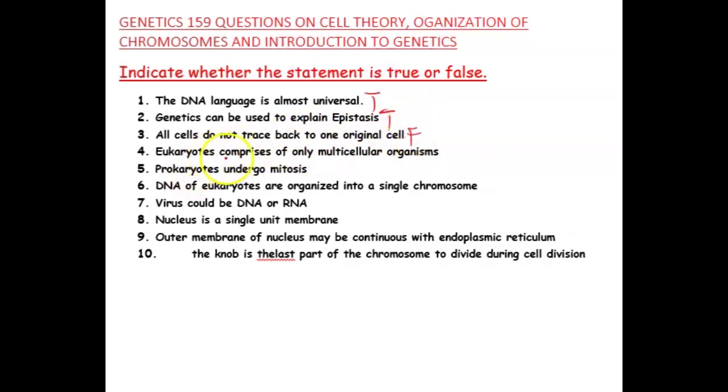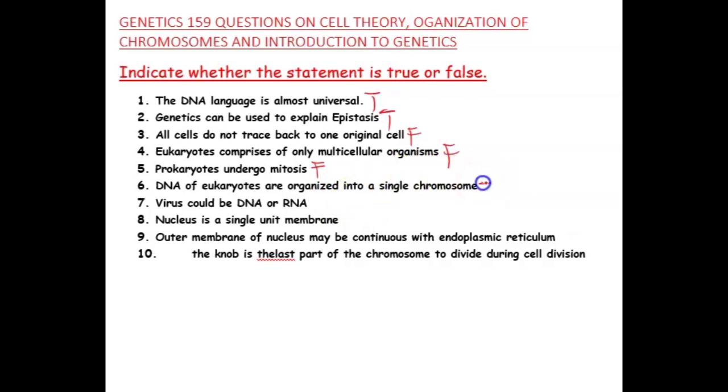Eukaryotes comprise only multicellular organisms. This is false. Eukaryotes comprise both multicellular organisms and unicellular organisms. Prokaryotes undergo mitosis. This is false. DNA of eukaryotes is organized into a single chromosome.